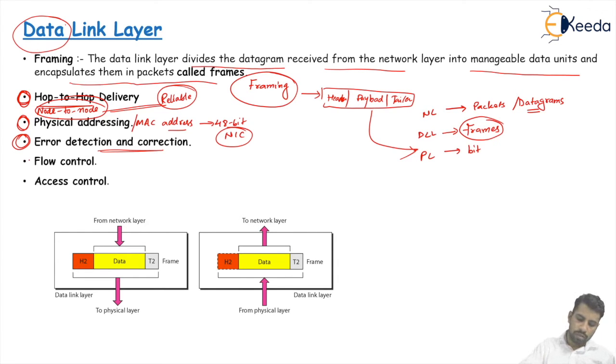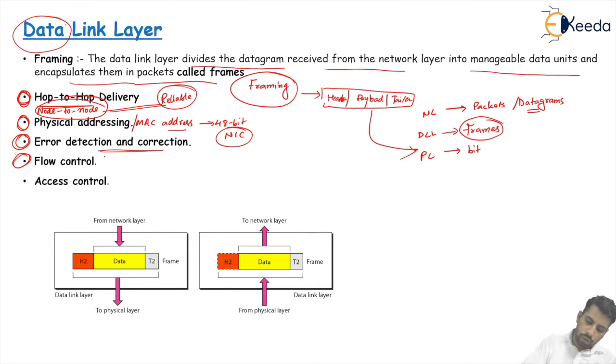Second thing is flow control. Flow control means sometimes the producer is producing so many items that are not consumed by the consumer. At the consumer side so many items become buffered, and at some point the buffer of the consumer is full, and the items get dropped.